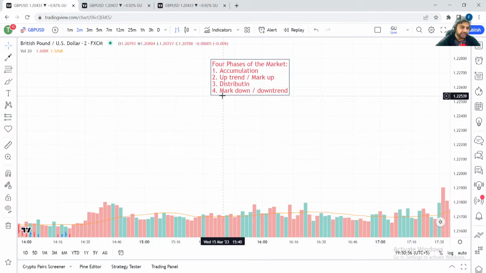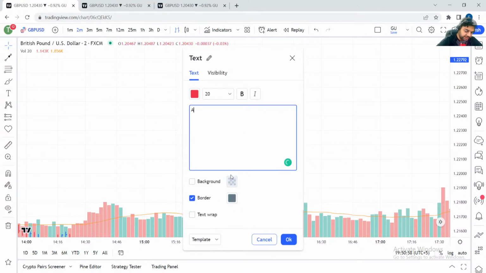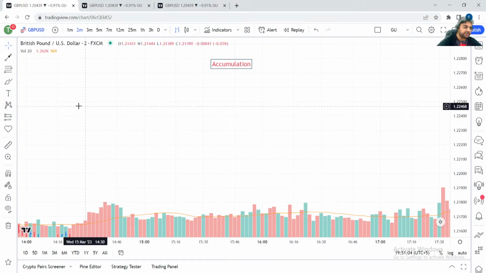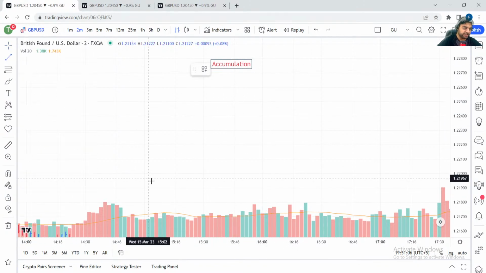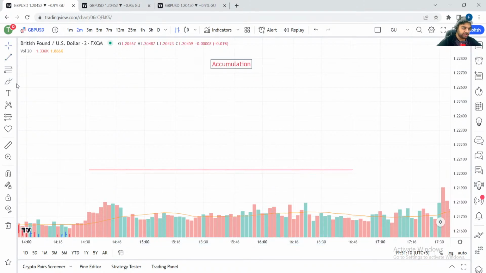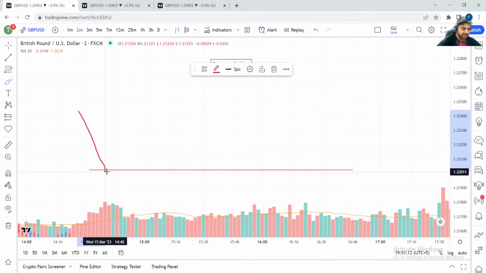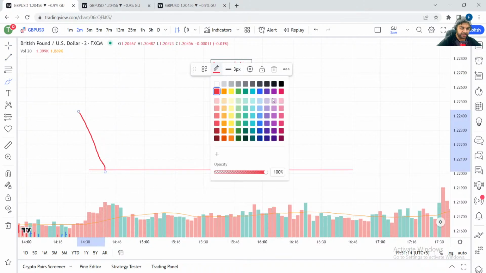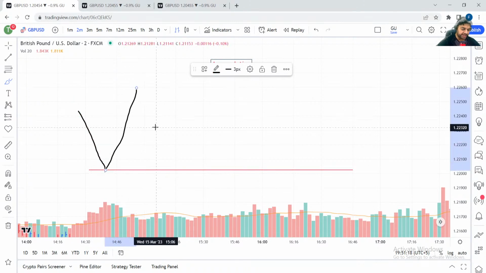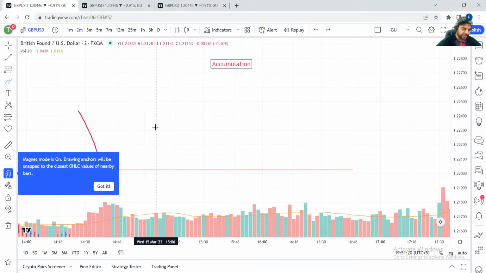Okay, so guys, we will discuss the accumulation in detail today because that's our topic. So how does an accumulation happen? First, a theoretical concept. The market comes down to this support level, and then you have the first automatic rally. Why am I saying first automatic rally?